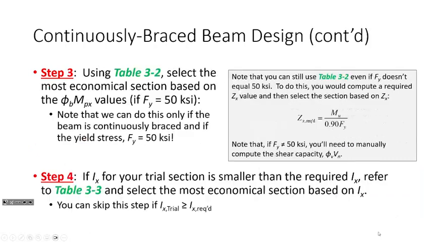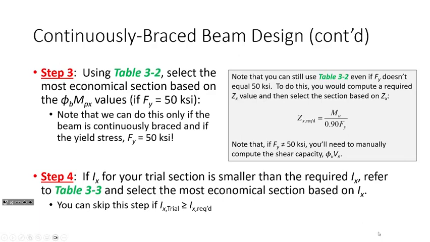All right. Next thing to do is to select an economical shape. So what that means is we're going to go to table 3.2 and we're going to pick a shape. Okay? Now, table 3.2 organizes shapes based on ZX, and because table 3.2 computes the phi Mp's as well, we can actually just look at the phi Mp's directly with the understanding that phi Mp is only going to match an Fy of 50 ksi.